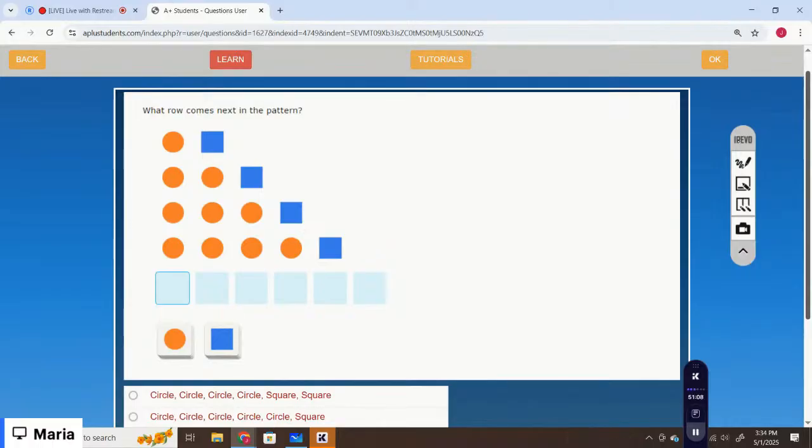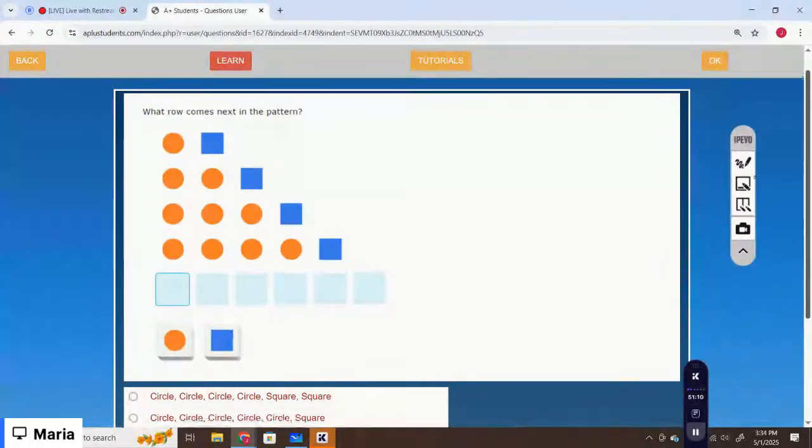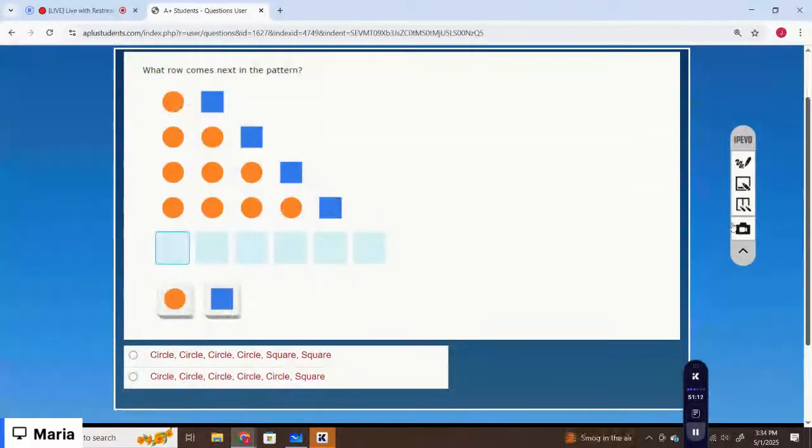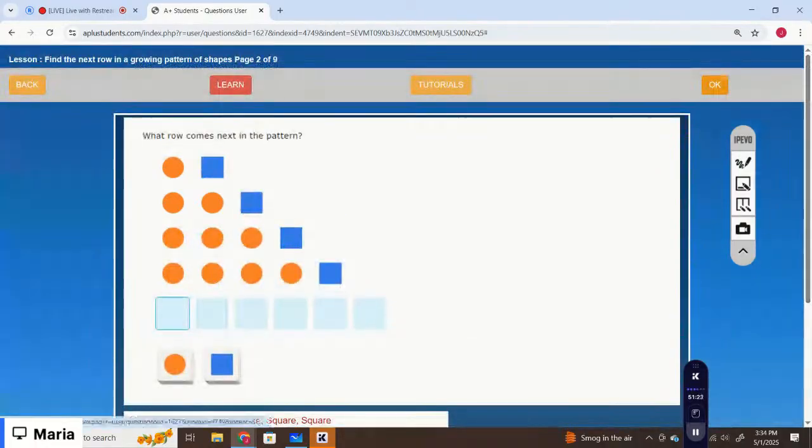So the next row has five circles and a square. Option number two is the correct option. That is five circles and a square. Option number two is the correct option.